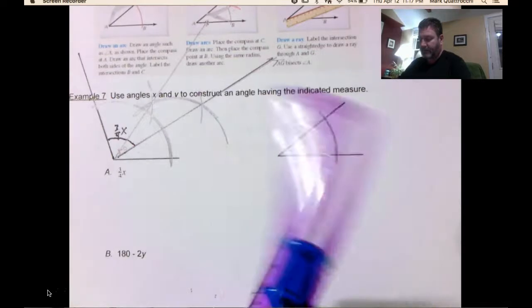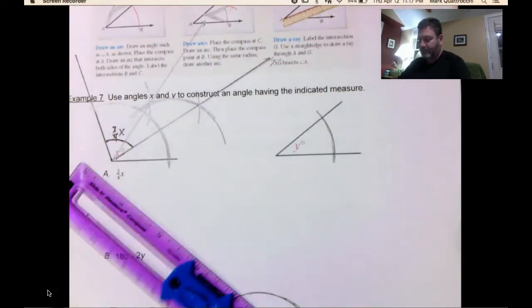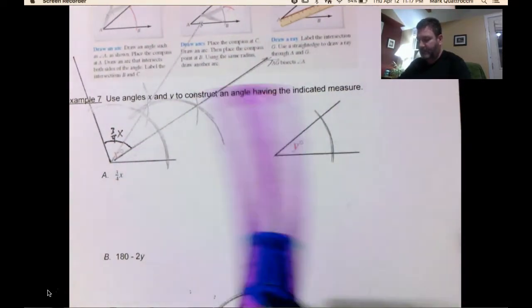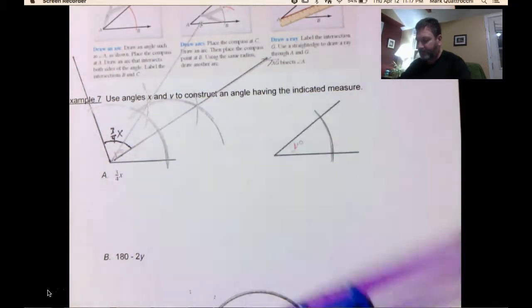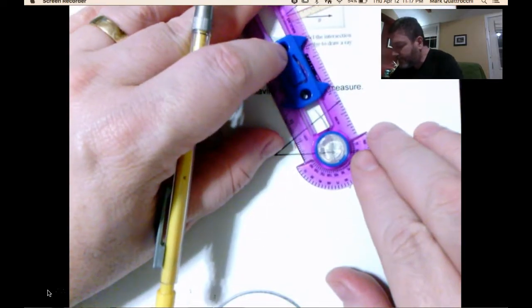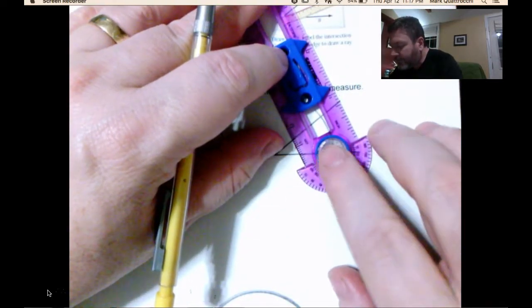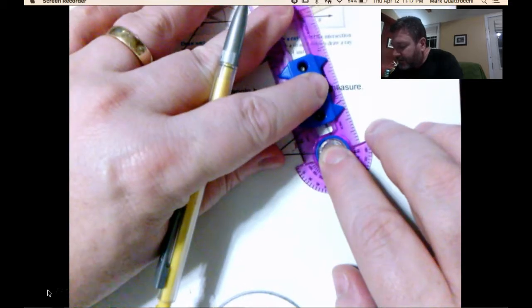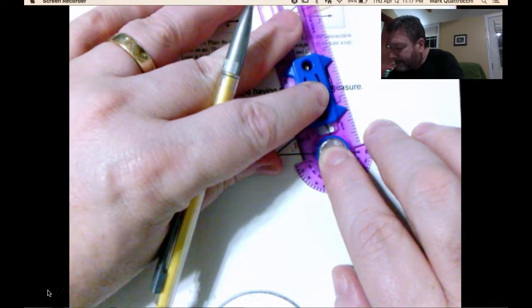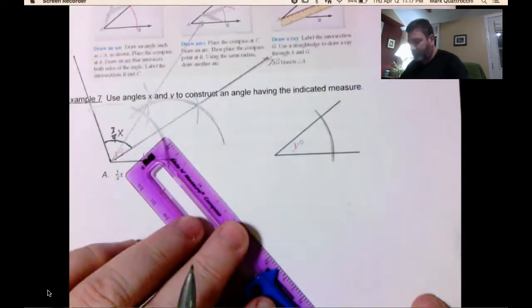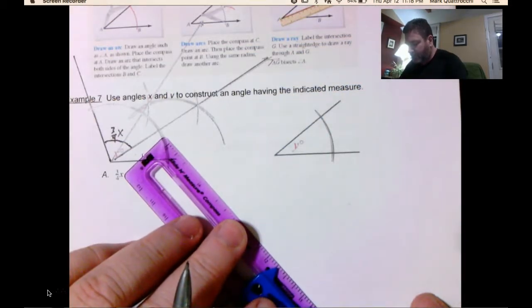So this arc is significantly long. Maybe a little bit further. Perfect. Set my radius over here to the 2 intersections. Come over here.